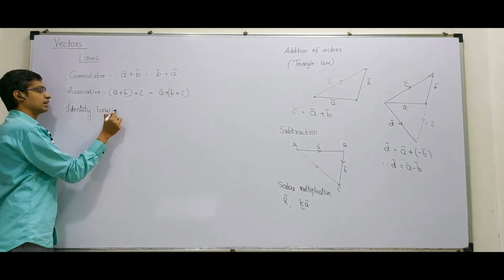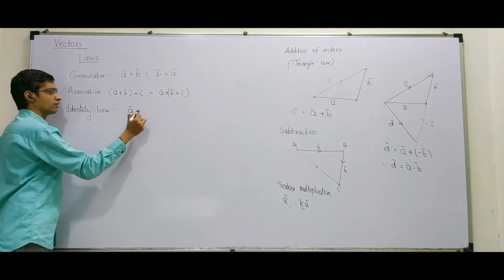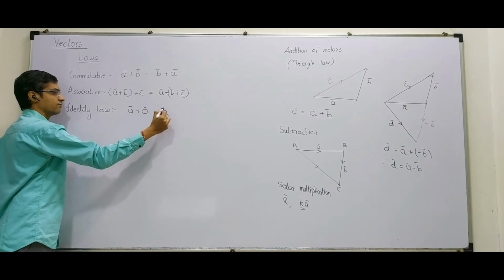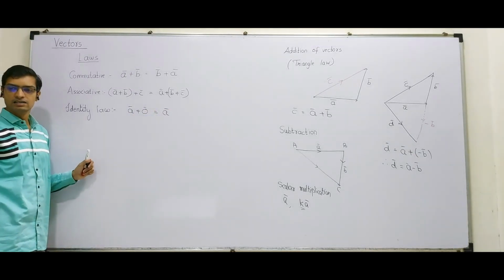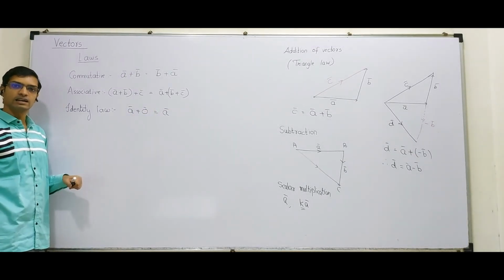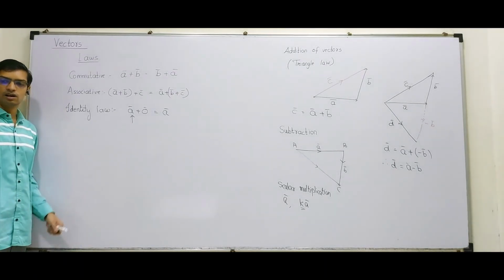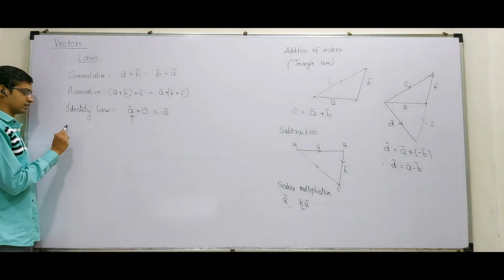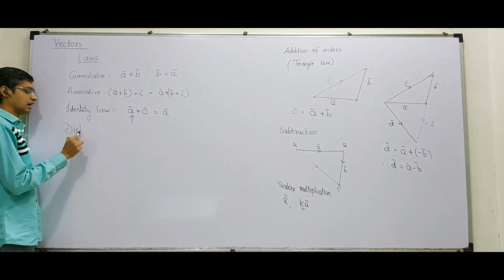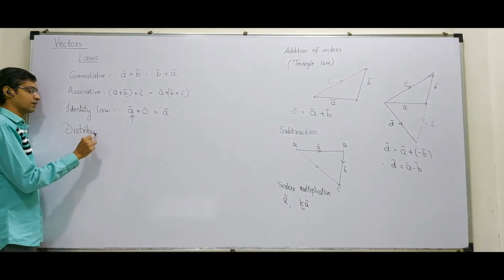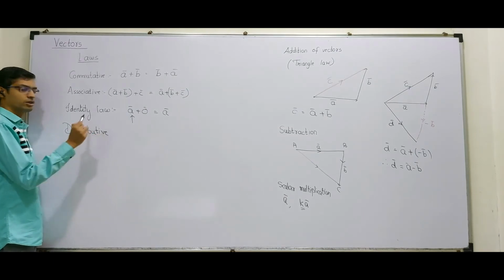Identity law. What is identity law? If I add a vector with 0, I get the same vector. This vector is called the identity vector. Then we have your famous and favorite law, I think, distributive law.